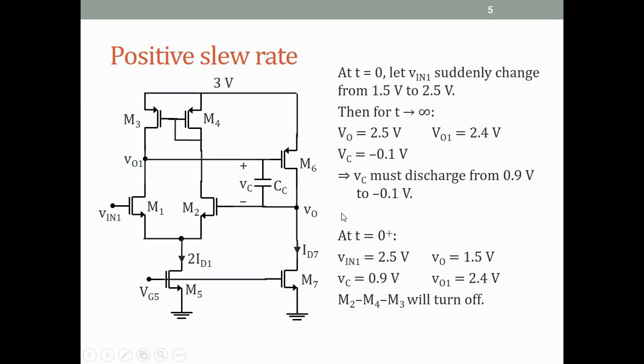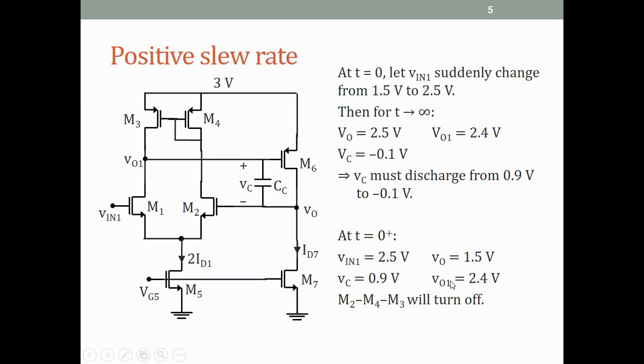Now let us analyze the circuit at t equal to 0 plus, which is what will give us the slew rate. At t equal to 0 plus, Vin1 has changed to 2.5. VO is still at 1.5 because VO will not change because of the capacitor. We'll see. For now, let's assume that it's not changing. The capacitor voltage, of course, will stay at 0.9 because the capacitor voltage certainly will not change instantaneously.